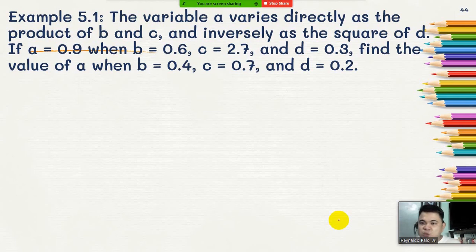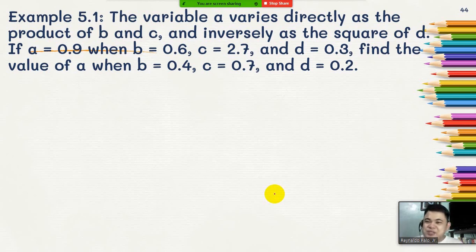Example 5.1. The variable a varies directly as the product of b and c and inversely as the square of d. If a is equal to 0.9, when b is equal to 0.6, c is equal to 2.7, and d is equal to 0.3, find the value of a when b is equal to 0.4, c is equal to 0.7, and d is equal to 0.2.